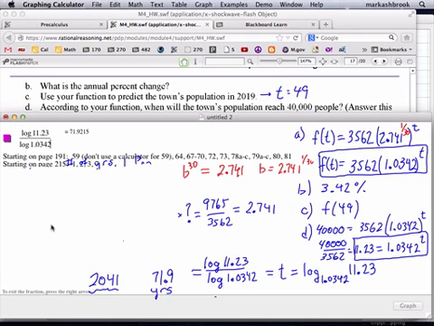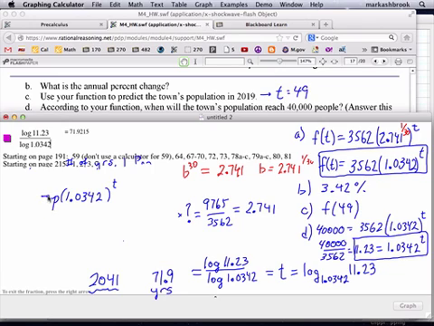So basically we're saying if we start with any population, call it P, then how are we going to get the population t years later? We're going to multiply it by 1.0342. How many times? t times.